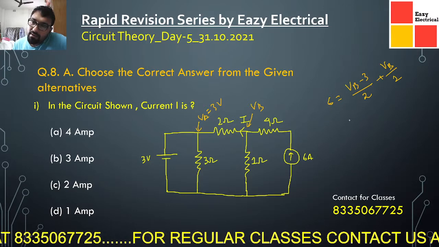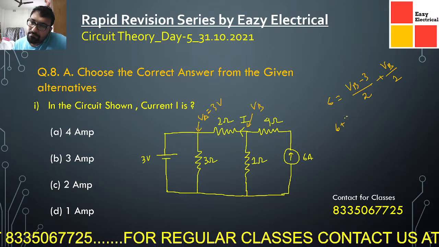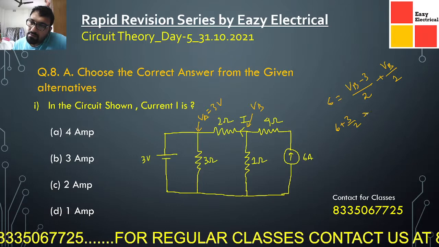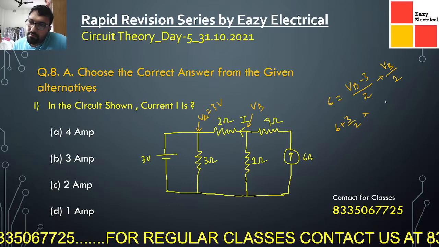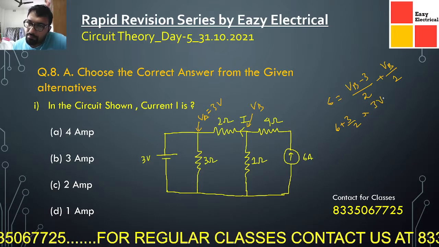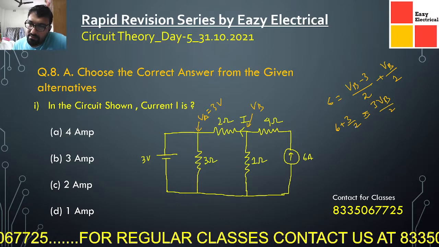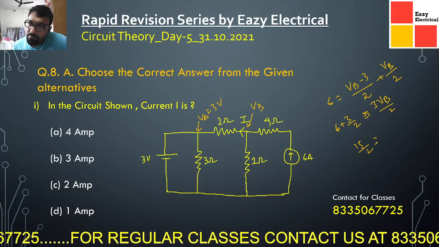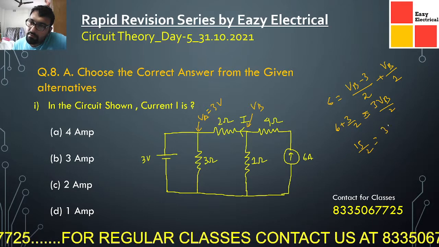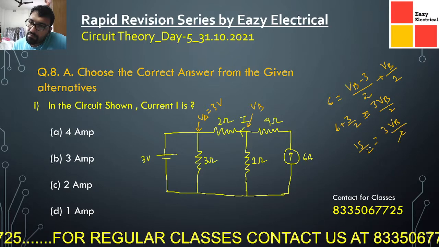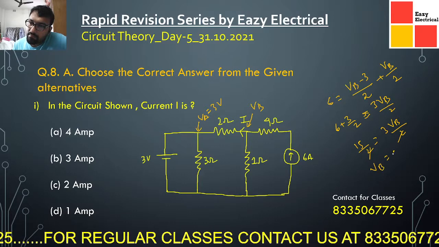So from this, 6 plus 3 by 2 equals VB plus VB by 2, that is 3 VB by 2. So 15 by 2 equals 3 VB by 2. That means VB equals 5 volts, right.